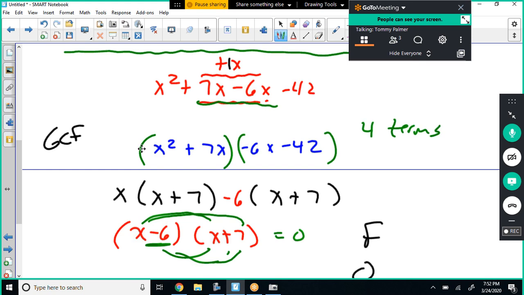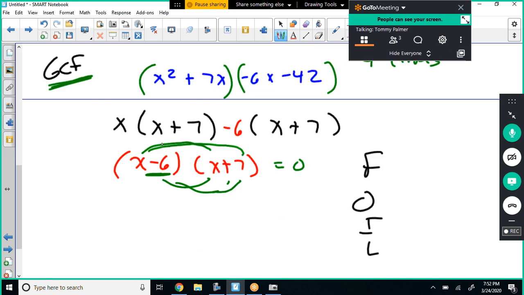So you group them, put 2 in this one, 2 in that one, and then you GCF the first one. When I GCF the first parentheses, I couldn't pull out a number, but I could pull out a variable, and the variable is x, and I pulled it out. But once I get this first parentheses, the second parentheses has to be identical to that, right?